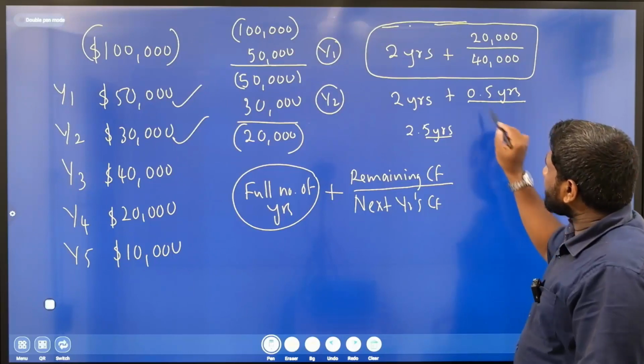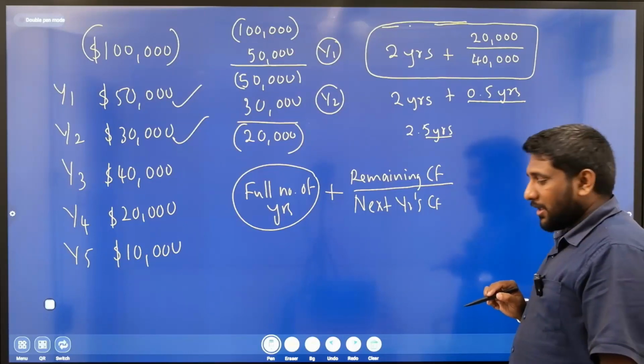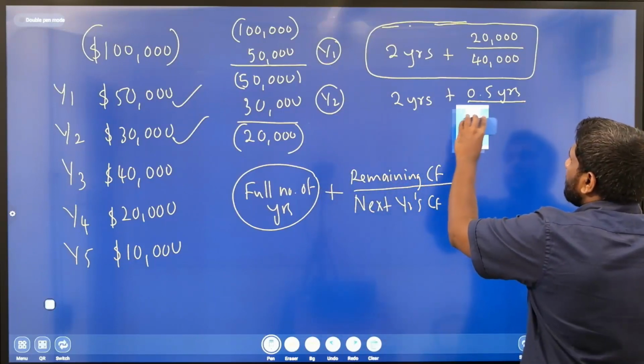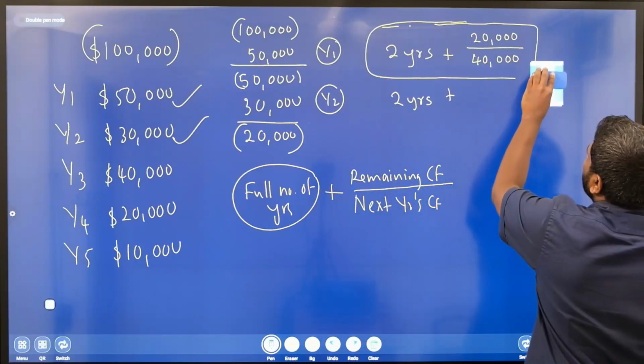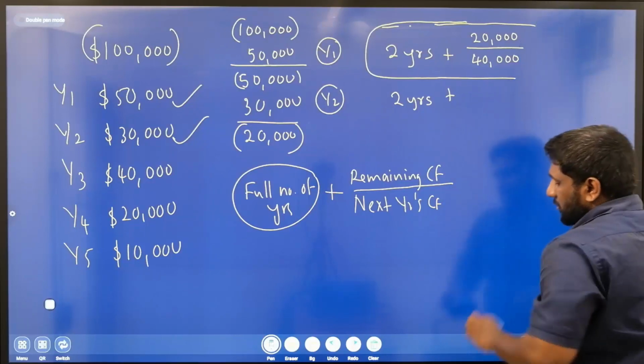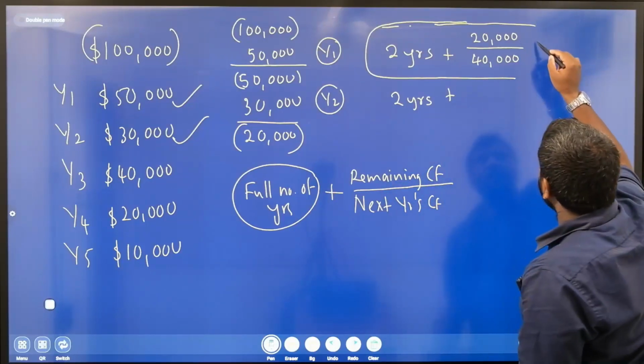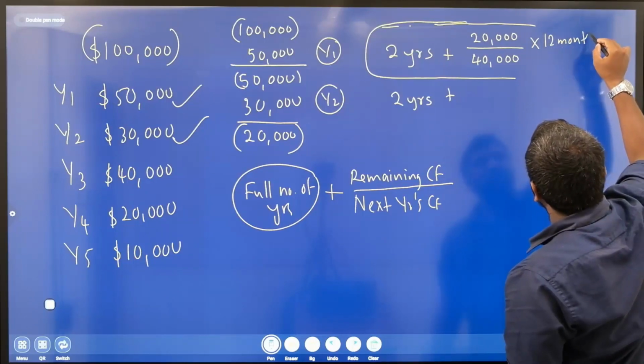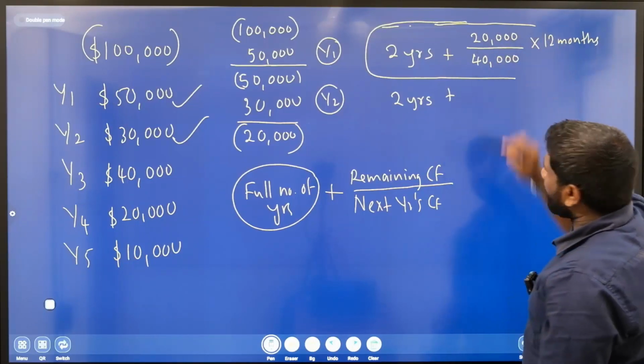Suppose you want the second part in months, a simple thing that you should do is simply multiply this by 12 months.